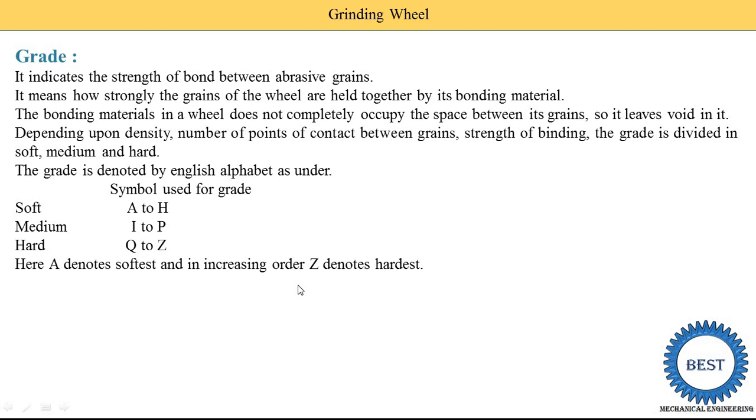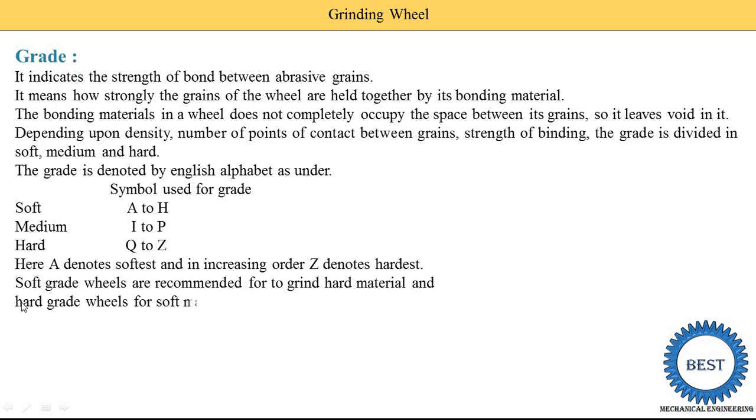So as we move from A towards Z, the hardness starts to increase. Soft grade wheels are recommended for hard materials, means this soft grade is used for harder materials, and hard grade wheels are used for soft materials.